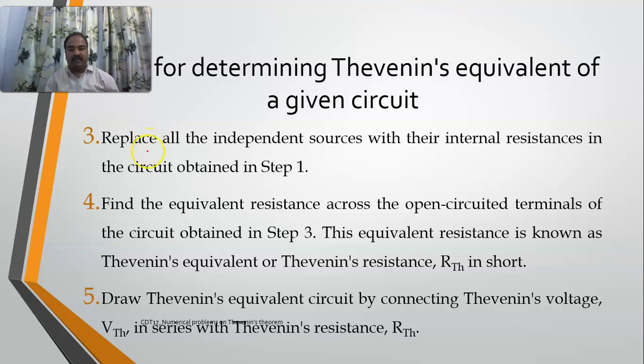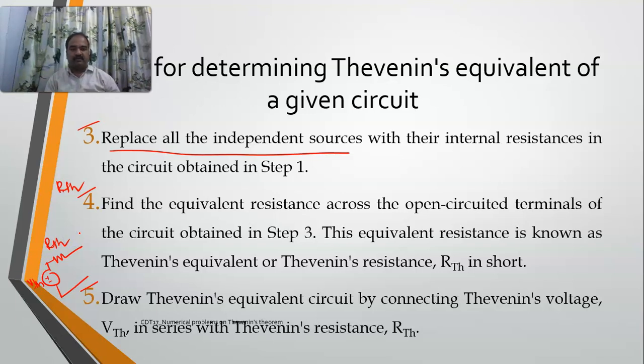Step number 3 is replace all the independent sources. Step number 4 is determining RTH. And step number 5, replace this VTH in series with your RTH. These are the 5 steps.